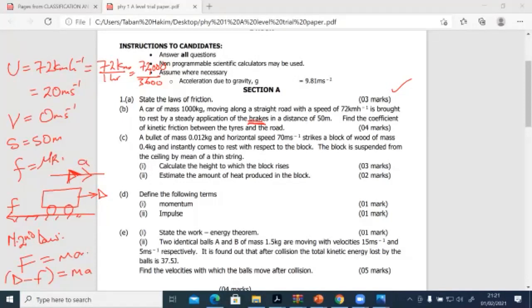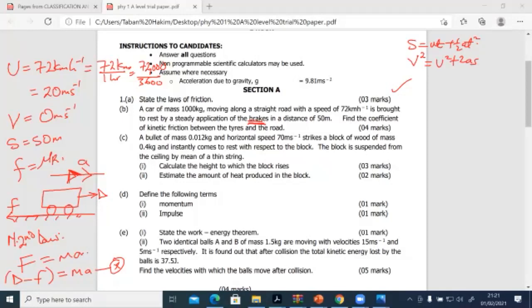If this is our equation star, we can first get our acceleration from s = ut + ½at². But when we look at this, we don't have the time. Again, we can use the third equation of motion: v² = u² + 2as. We have the final velocity, the initial velocity, and the distance covered.